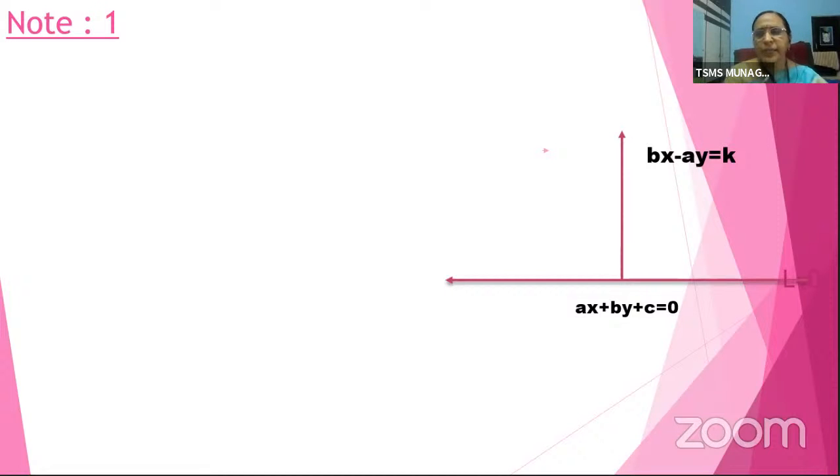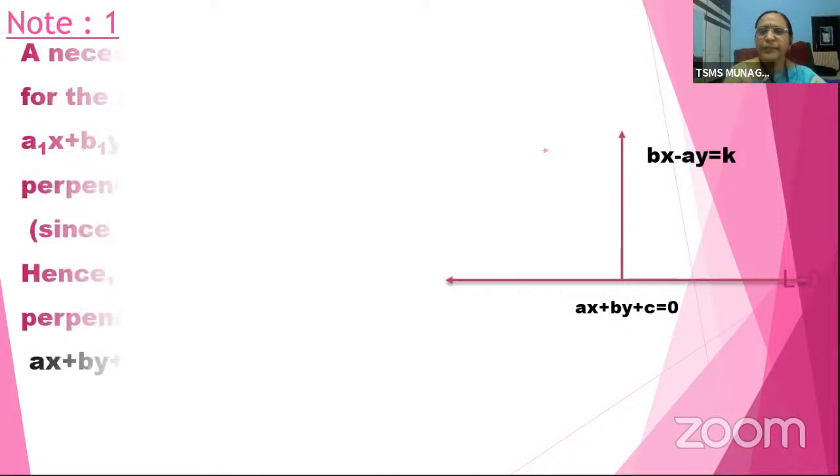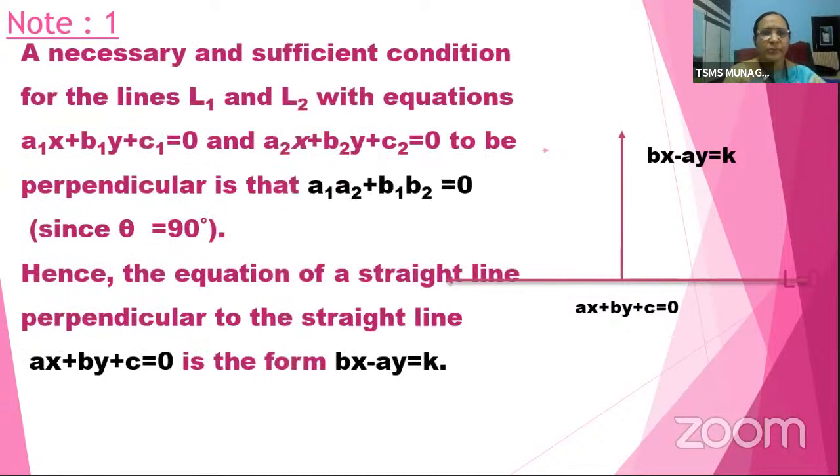First, let us see if there are two lines which are perpendicular to each other, then what are the conditions? A necessary and sufficient condition for the lines L1 and L2 with equations A1x plus B1y plus C1 equal to 0 and A2x plus B2y plus C2 equal to 0 to be perpendicular is that A1 A2 plus B1 B2 is equal to 0, because here theta is going to be 90 degrees.